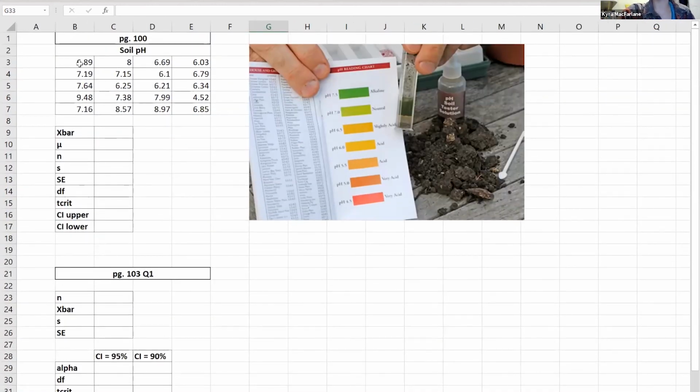So here's that data again. We have our soil pH and we have all of the things we need to calculate our confidence interval. X bar, we just calculate as our average. That's our sample mean. Our mu, we're told in the word problem that the mean for the region is 6.3. Our sample size is 20.